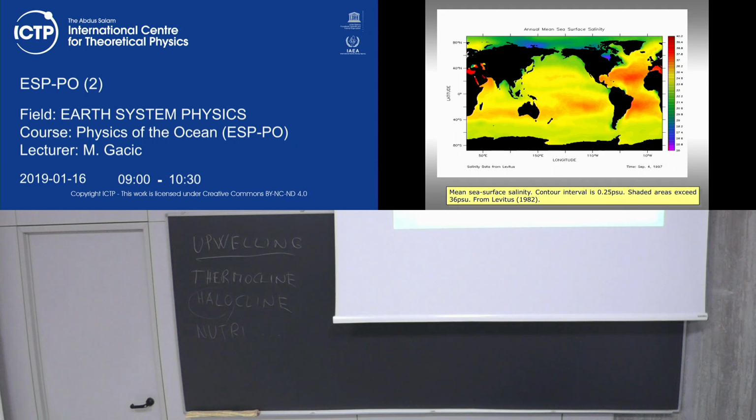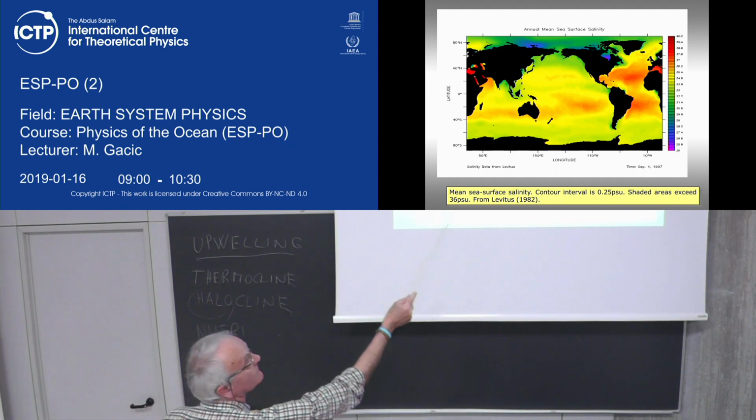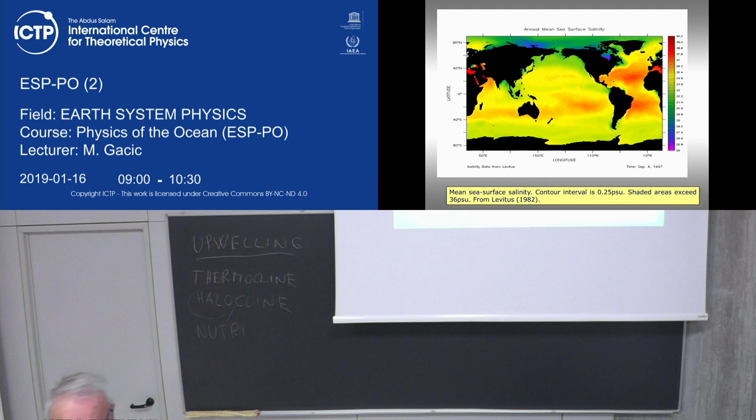So that's something which I don't understand. How come that this is low salinity over there? Because here you have the rivers maybe, and also the seasonal water just from ice.